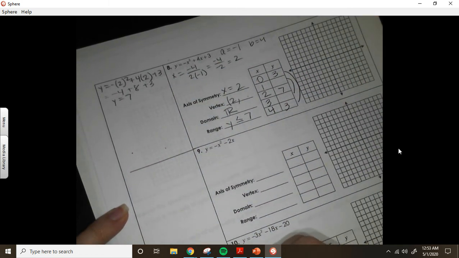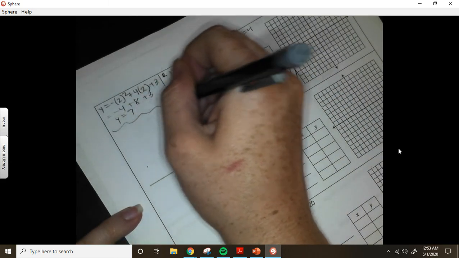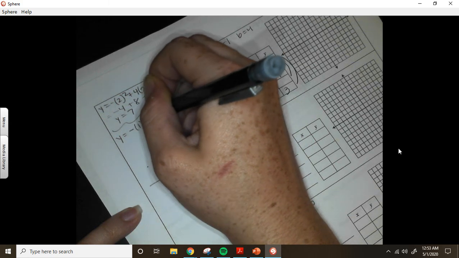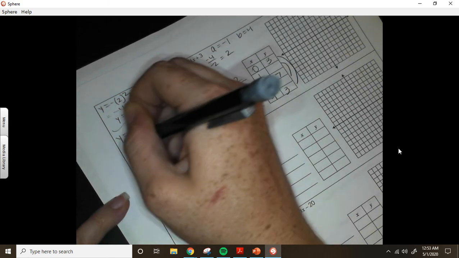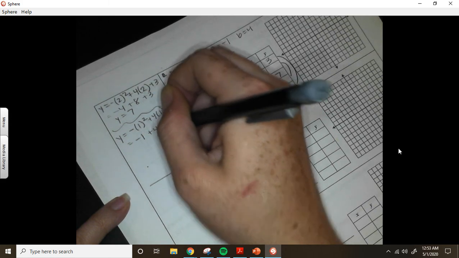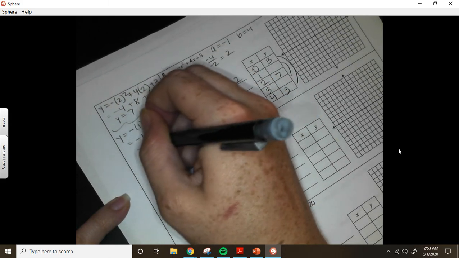Good. And then we're going to plug in 1. Y equals negative 1 squared plus 4 times 1 plus 3. Negative 1 plus 4 plus 3. So this is going to be 3 plus 3, y equals 6. Let's graph.